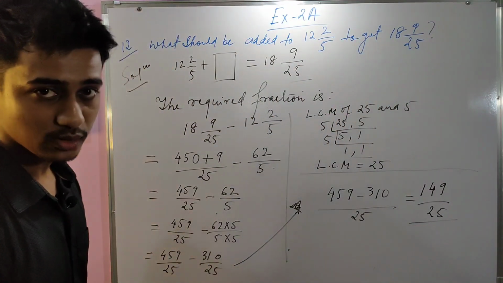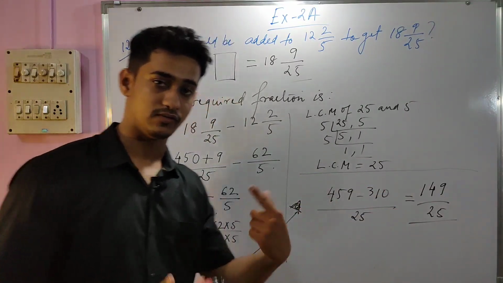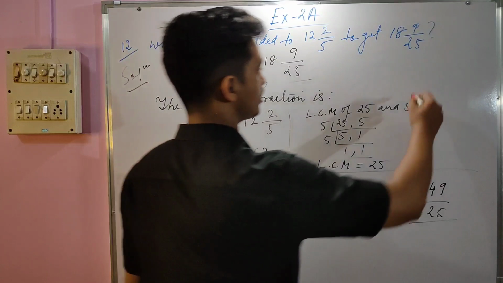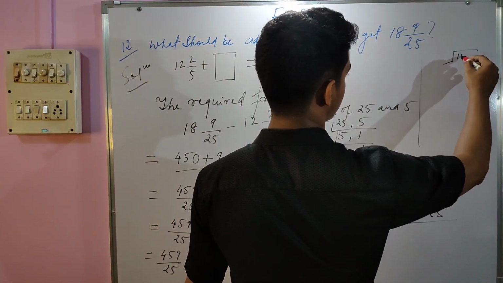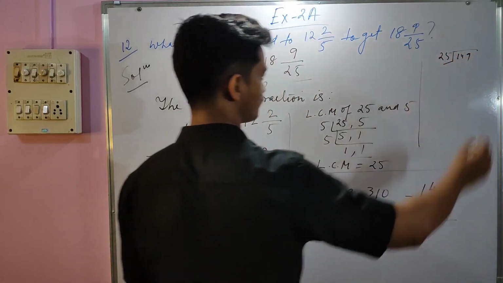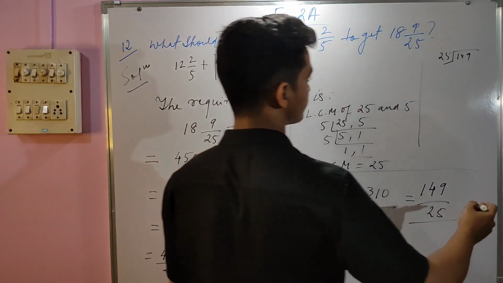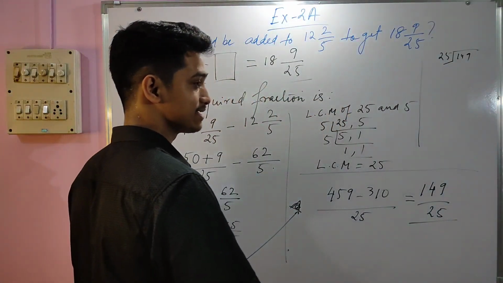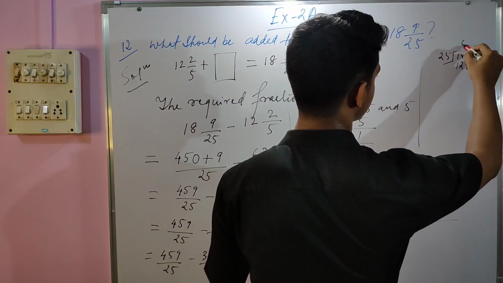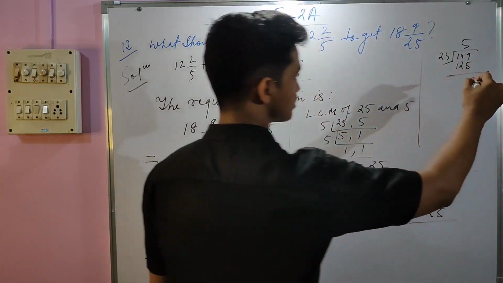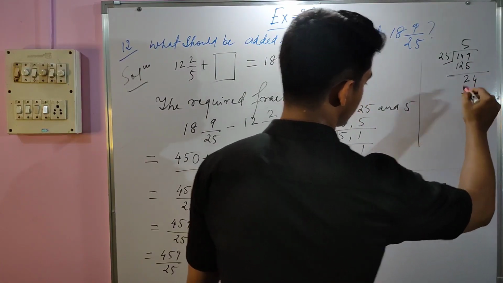So if I want to convert this improper fraction to a mixed fraction, what we have to do is simply divide 149 by 25. So 25 into 5 is 125, and 25 into 6 is 150. So 125, and 9 minus 5 is 4, and 4 minus 2 is 2.